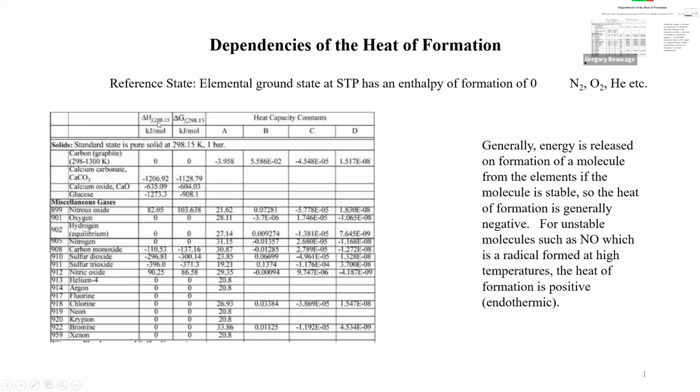And the free energy is larger than the enthalpy because T delta S is positive. So this number is negative, and this is some number larger than that.